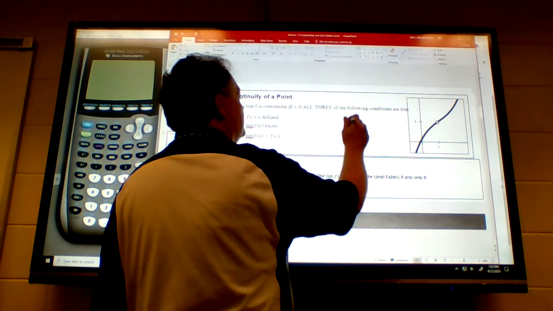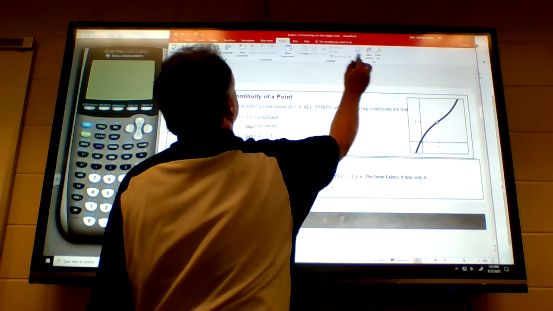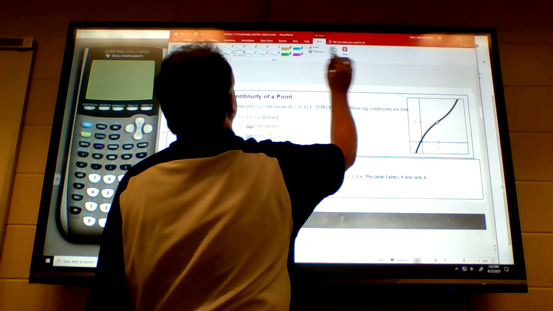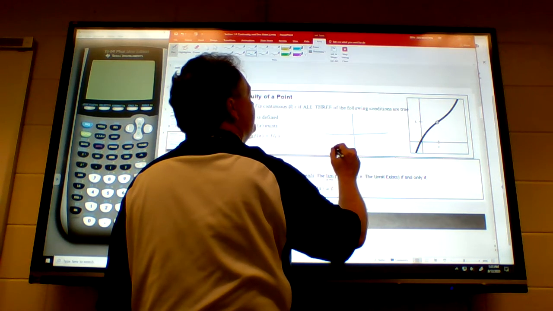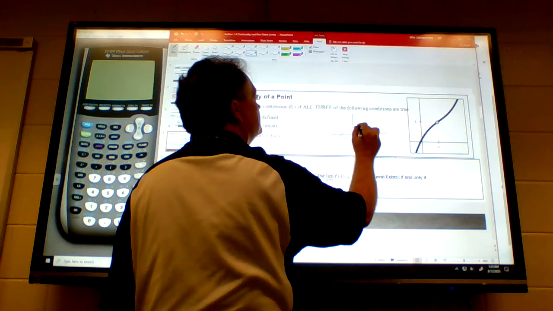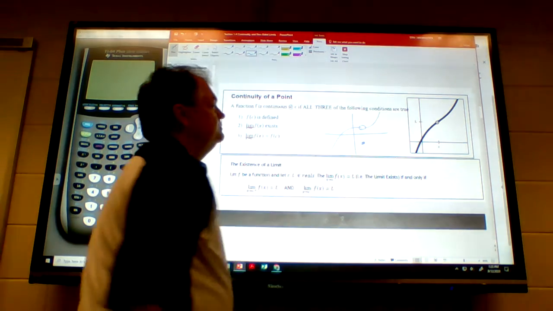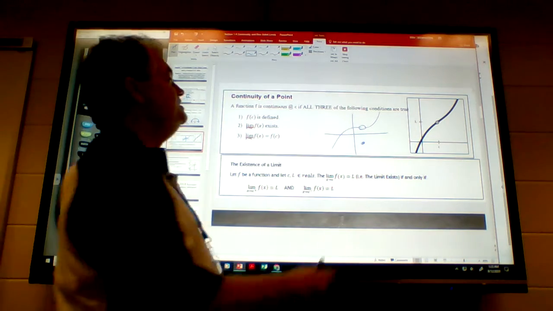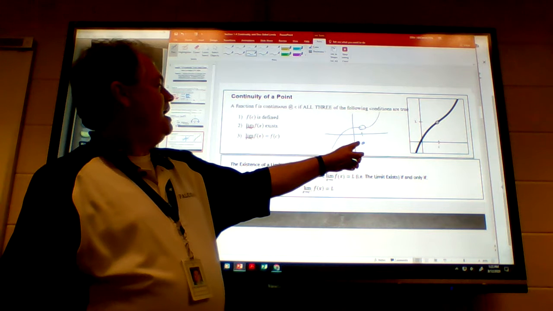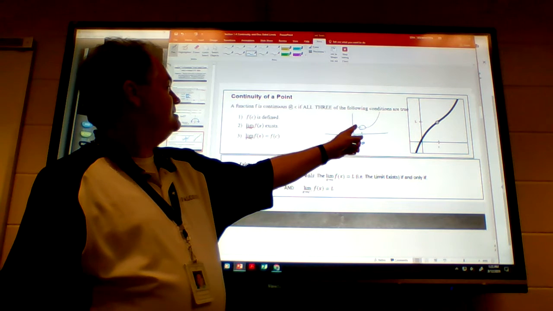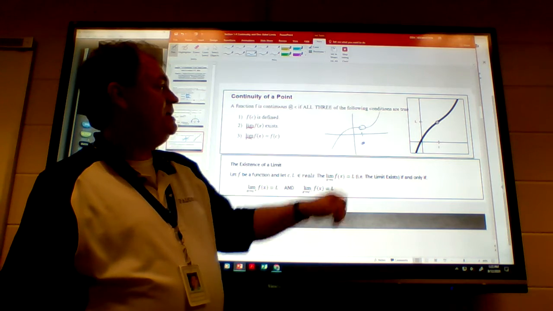All right, so an example of this is right here. I'm just drawing you one. Here, at this value of c, f of c is down here, but the limit as x approaches c is way up here.